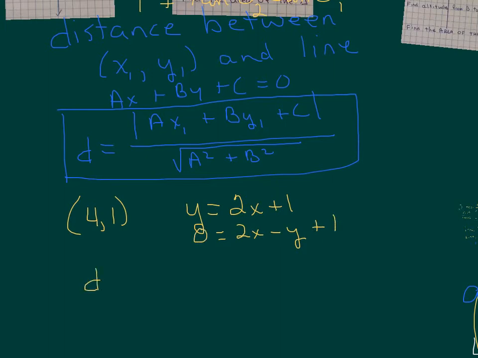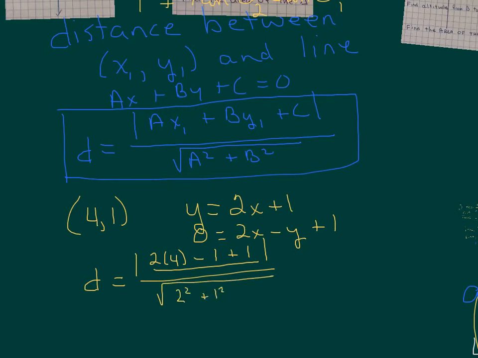And to find the distance, we plug in a 4 for x, 2 times 4, minus 1y plus 1 over the square root of 2 squared plus 1 squared.